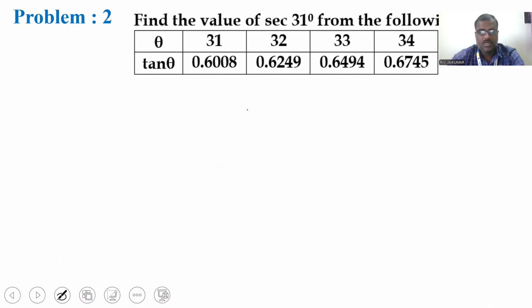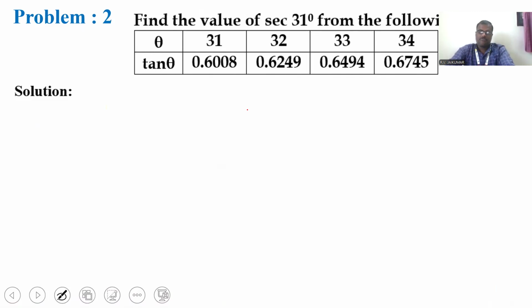Find the value of secant 31 degree from the following data. The data represents the angle theta and tan theta values, given in the question. They're asking to find secant theta, that is secant 31 actually. So indirectly they're asking to find the first derivative.